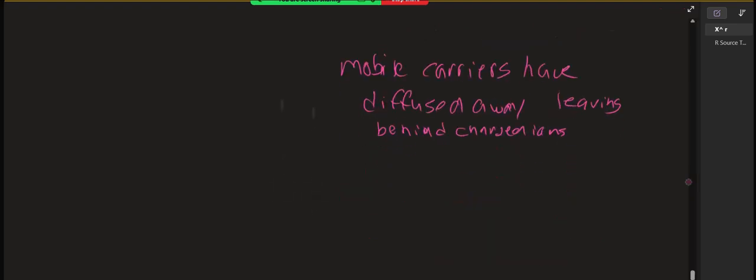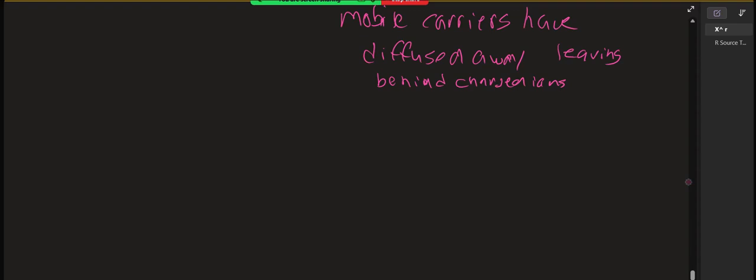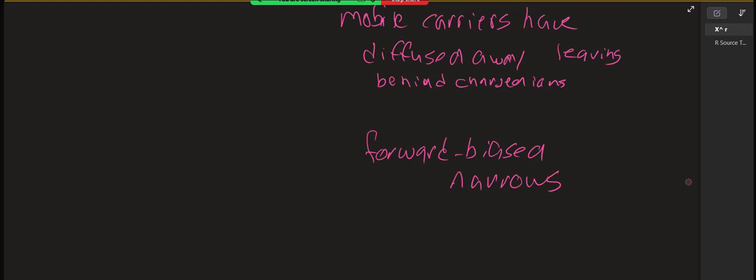When you're forward biased, it narrows because the charge more easily flows. And in reverse bias, it widens, inhibiting flow.